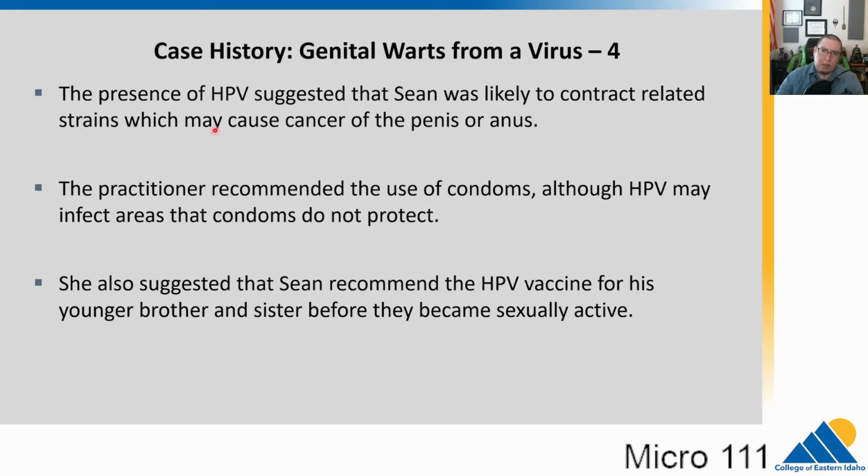He was likely in contact with strains that can cause cancer, on the penis or the anus. In females, of course, the vagina as well is susceptible to this. So obviously, I'm going to recommend using condoms. Although for HPV, it's not perfect because the condom doesn't cover every area of the skin and it can still be transmitted.